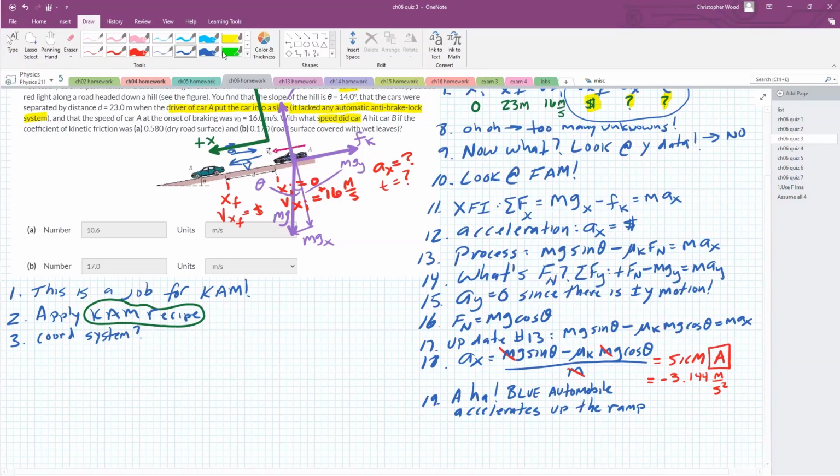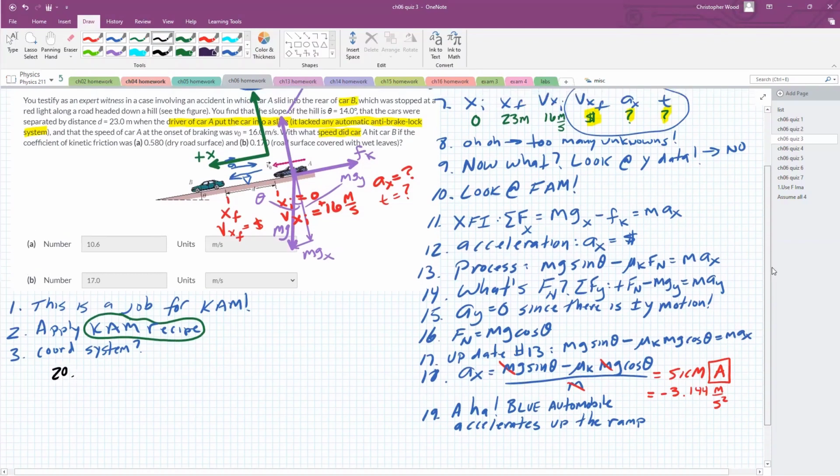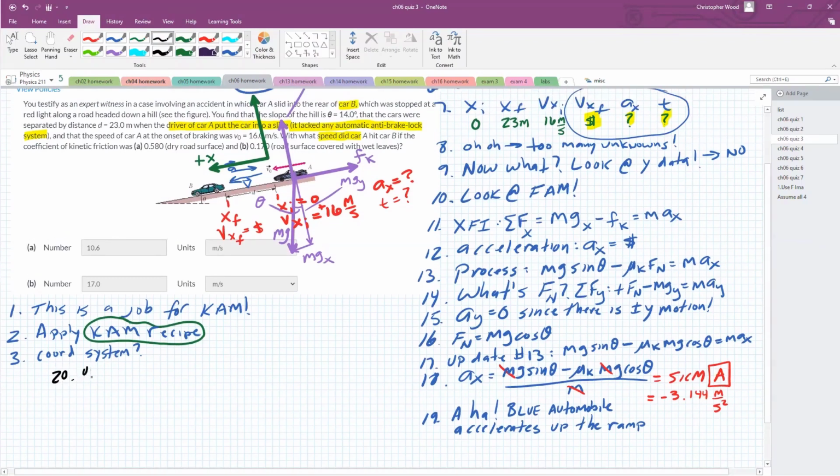Number 20. Back to kinematics. Update number 7. Here's the new number 7. Number 7 was my table. Instead of a question mark, this is now calculator memory location A. I figured out that number thanks to force analysis. So I'm going to play the Big 5 game.